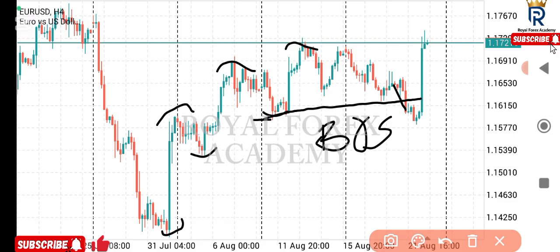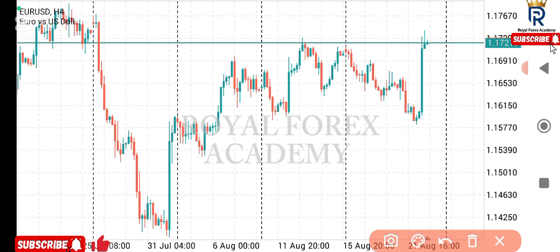Now that we are having a break of structure, remember, we always say that we talk of liquidity. So all of these zones are zones of liquidity. So we have a dynamic liquidity sitting in this zone.